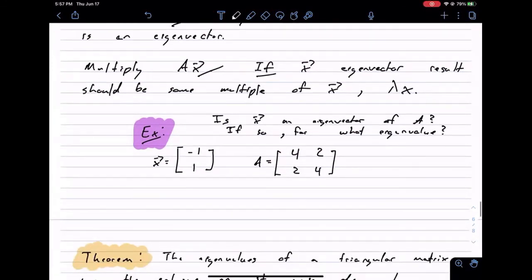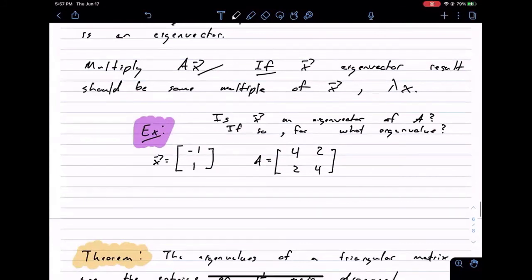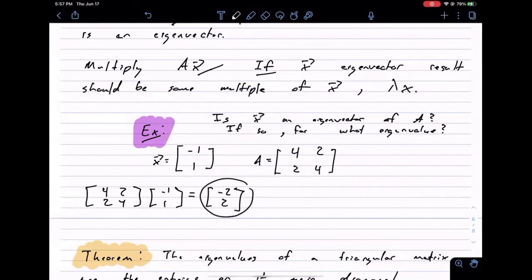I just multiply A by X. So I do 4, 2, 2, 4 multiplied by X, -1, 1, and look at the result. Let's see, 4 times -1 is -4, plus 2 is -2. 2 times -1 is -2, plus 4 is 2. So is this a multiple of X? Well, X is this.